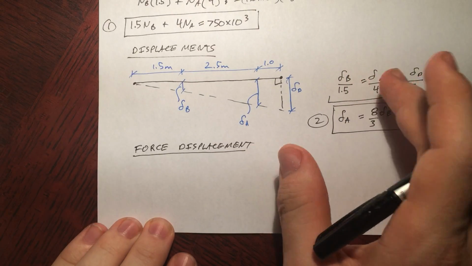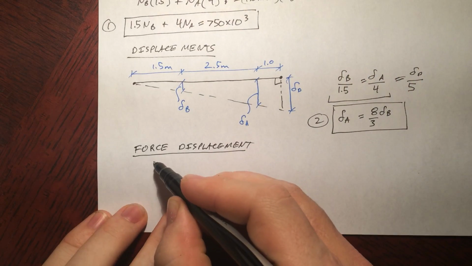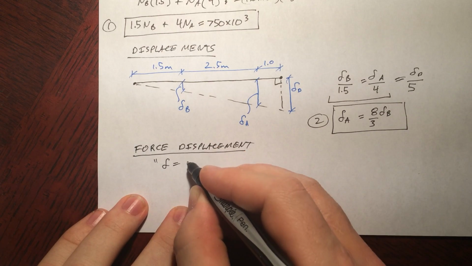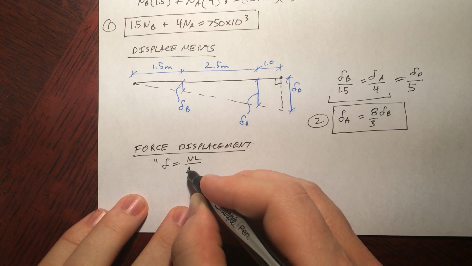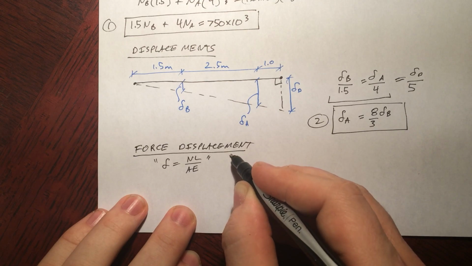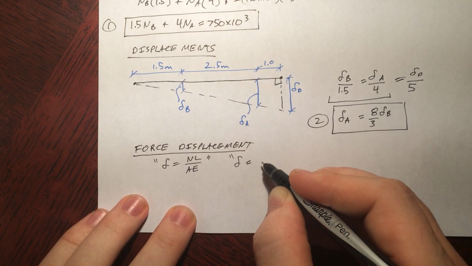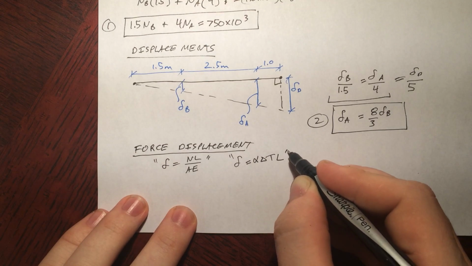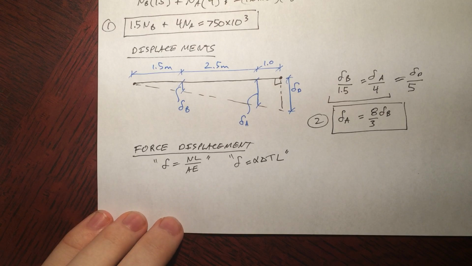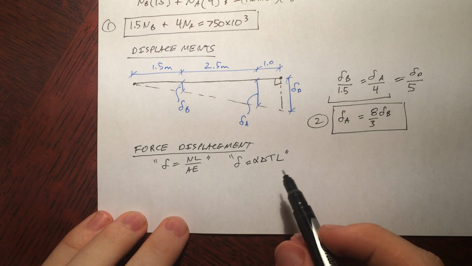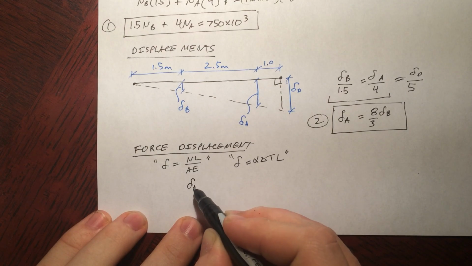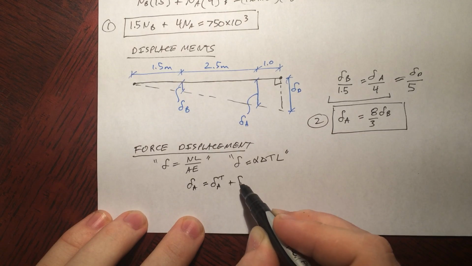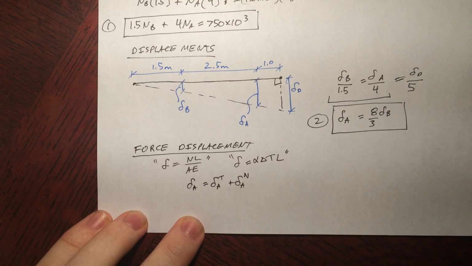So we have to take into account those two sources of displacement. One is, of course, delta equals NL over AE, and the new one that we just introduced is delta equals alpha delta T L. So the displacement of A is equal to the displacement of A from the thermal effects plus the displacement of A from the forces.